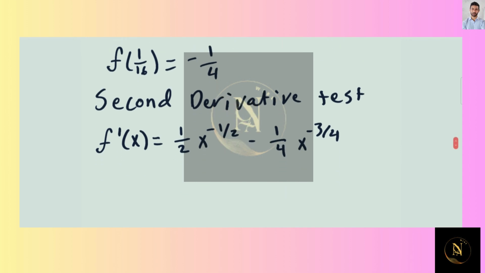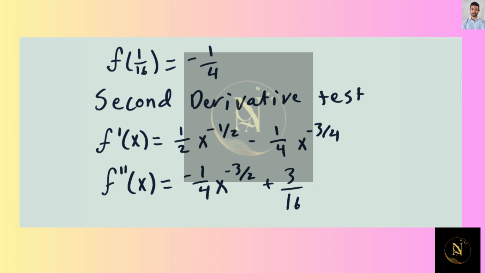So we can use the power rule again to find the second derivative. f double prime of x is equal to 1/2 times negative 1/2, which is negative 1/4 x to the negative 3/2, minus 1/4 times negative 3/4, which is negative 3/16. And then we also have this negative sign here, so this is positive 3/16 x to the negative 7/4.